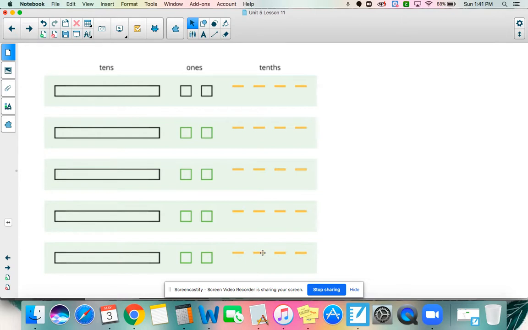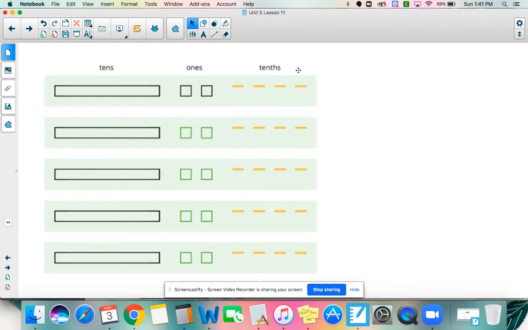So this is where it gets a little bit harder to visualize, but we can see my 62 here because I have 50, 51, 52, up to 60. And then my little tenths, here's 4, 4, 4, 4, and 4. So 4 times 5, that's 20 tenths, which would give me 2 more. So we were at 60, and these little tenths, if I add them all up, I would get 2 whole numbers.